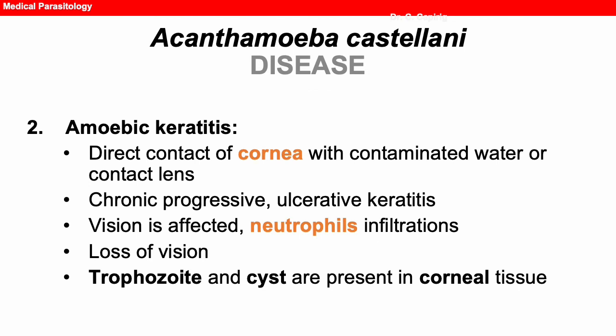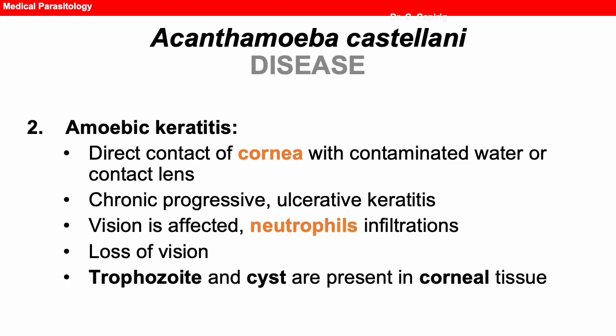The second clinical entity caused by Acanthamoeba castellani is amoebic keratitis. This is direct contact of the cornea with contaminated water or contact lens. You usually present with chronic progressive ulcerative keratitis. The vision is usually affected with neutrophilic infiltration. Patients with amoebic keratitis will present with loss of vision.